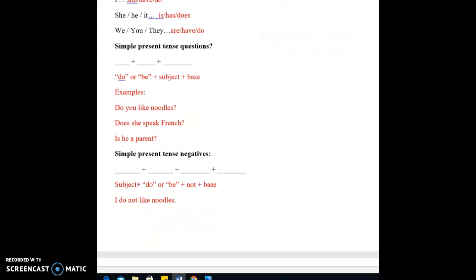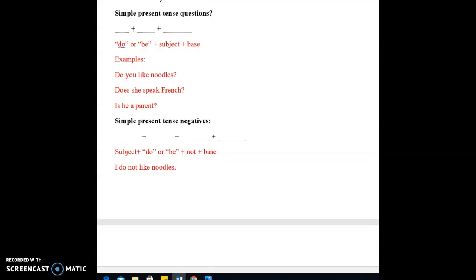Okay? Now, if we're going to look at forming questions in the simple present tense, you always use the verb. These are called auxiliary verbs because they're part of the verb form. So you use either do or be plus your subject and then the base form of the verb. So some examples. Here's do, here's my subject, you, here's the base verb, like, and here's my object, noodles.